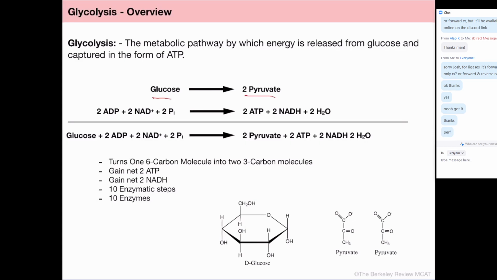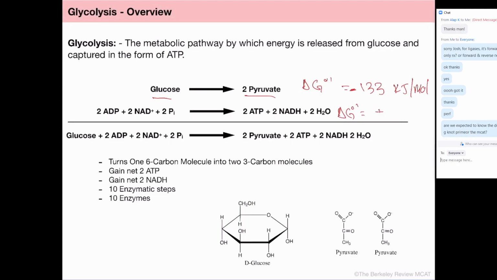Glucose to pyruvate, the delta G naught prime of this is going to equal negative 133 kilojoules per mole. And if you go from two ADPs plus two NAD plus plus two phosphates, to 2 ATPs plus 2 NADHs plus 2 waters, the delta G of this is going to be positive 61 kilojoules per mole.